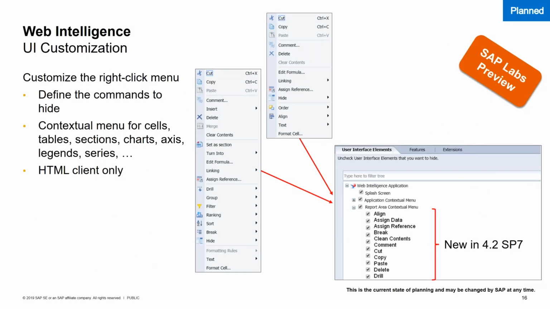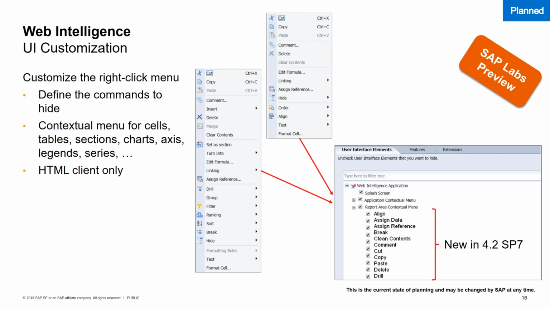Another one, and this one is pretty useful if you want to propose some kind of interactive analysis mode in Webi for your end user by using the user interface customization. So this is not a new functionality, but we have extended this capability. UI customization is a functionality you can implement since, if I'm correct, Service Pack 4.